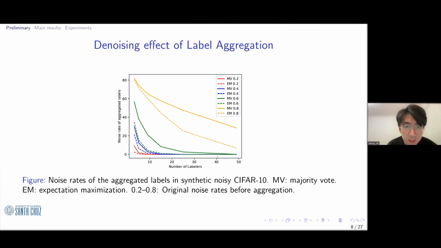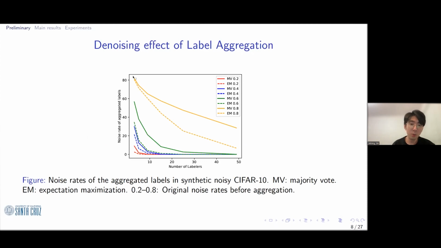In these figures, the x-axis indicates the number of labelers, and the y-axis indicates the noise rate in the dataset. For example, 20 means there are around 20% wrong labels in this training dataset. The leftmost point indicates the noise rate with respect to ground truth labels when there is no treatment on these separate noisy labels.